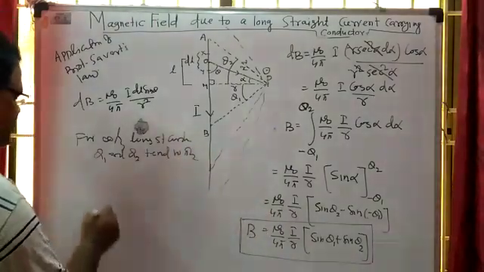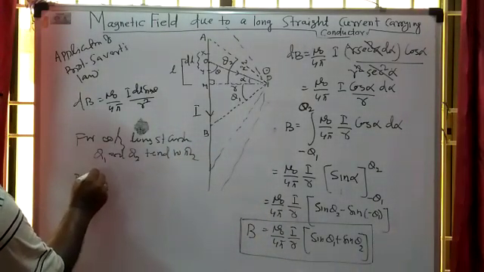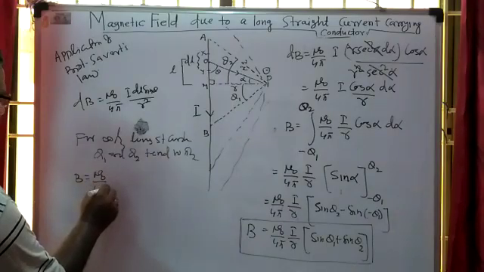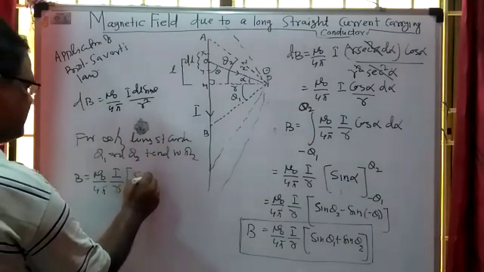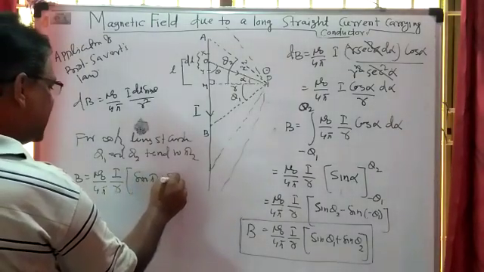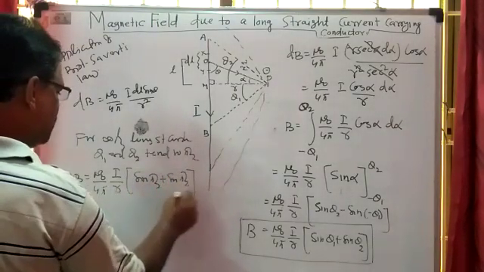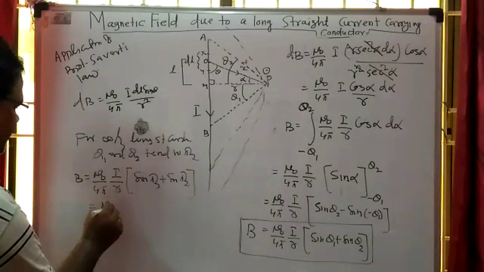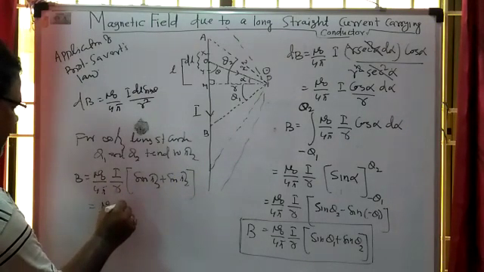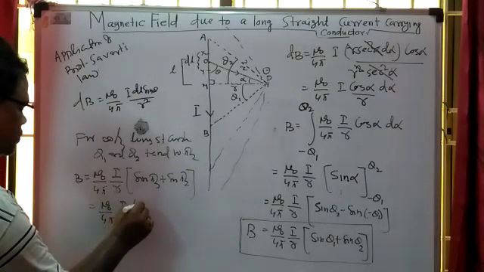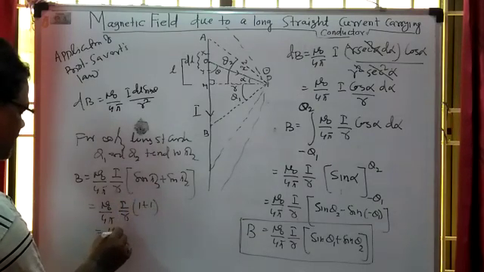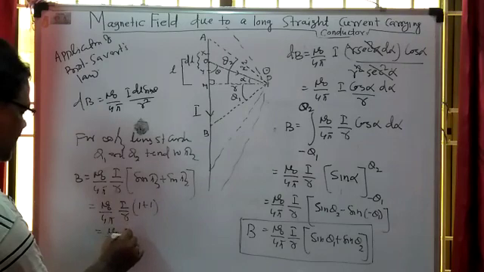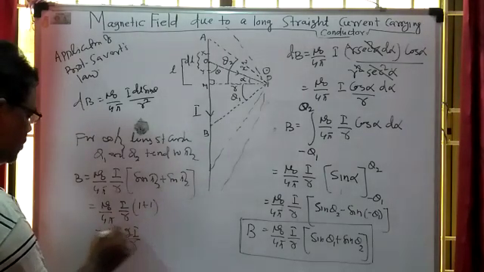If you put in the values, B will be equal to mu naught by 4 pi I upon r into sin pi by 2 plus sin pi by 2. Sin pi by 2 equals 1. So you are finding mu naught by 4 pi, I upon r into 2, because 1 plus 1 is 2, that is mu naught by 4 pi 2I upon r.